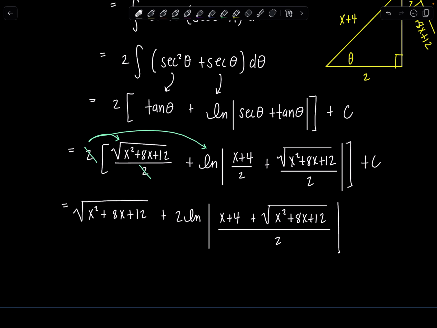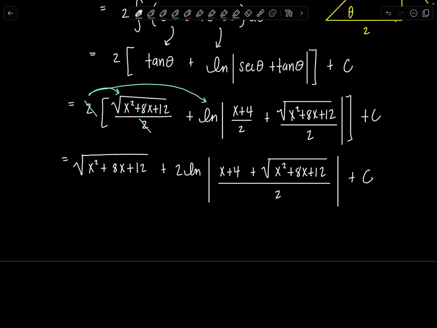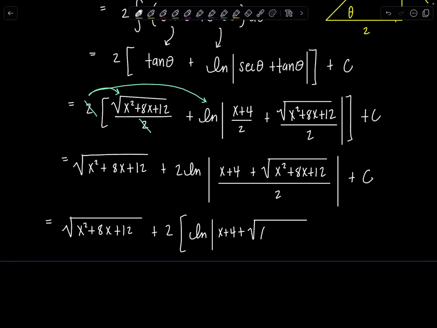And then I'm going to show you something. I've shown it before. So you can use your log properties to rewrite that second term. Let me show you. So we still have radical x squared plus 8x plus 12 plus 2 times natural log absolute value x plus 4 plus radical x squared plus 8x plus 12. And then I can write minus natural log of 2 separately plus c.